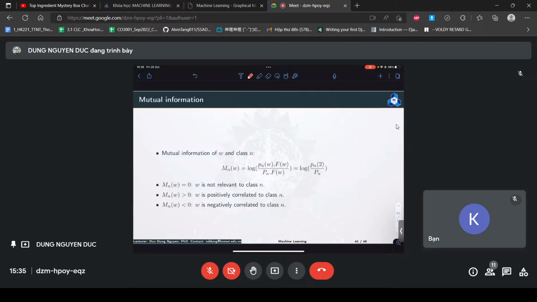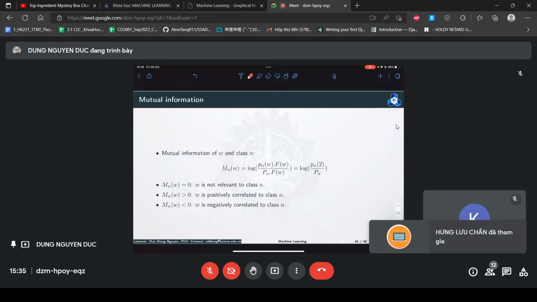If this M of N and W is zero, then it means the word W is not relevant to class N. Okay. If it is greater than zero, it means the word W is very positively correlated with the class N, which means, you know, if I see some word like ski, for example, then I immediately think about a document related to sport, right?